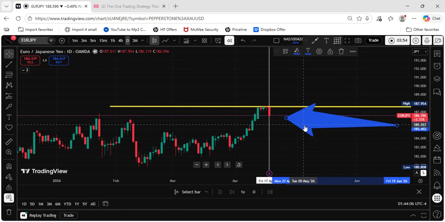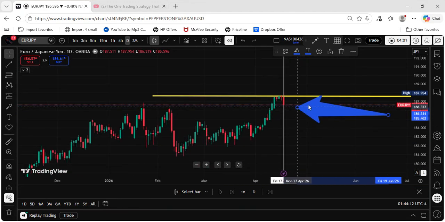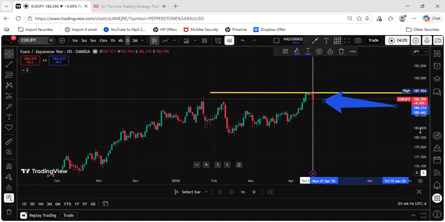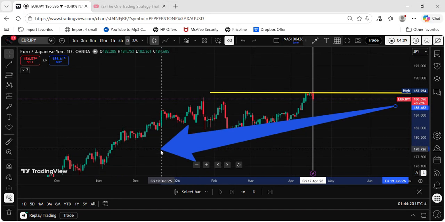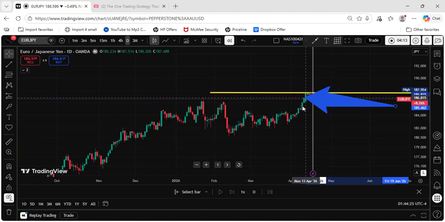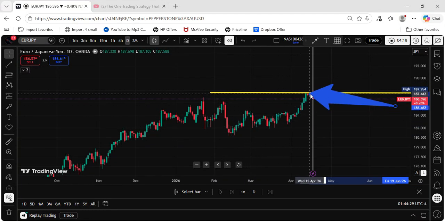Right? So that we see on the daily, price was pretty much going up, right? Price was going up. This was even a demand level and it sold up.